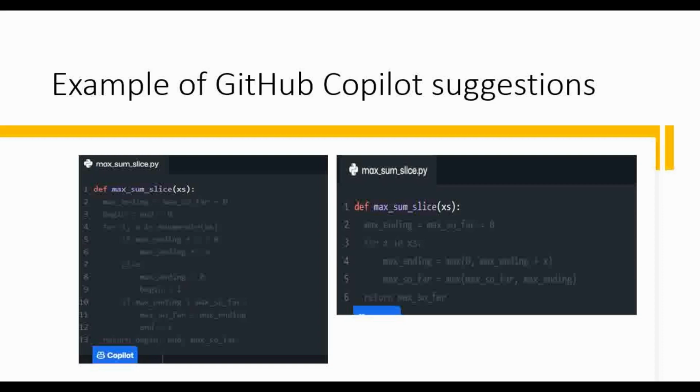Then you can see GitHub Copilot has provided a suggestion in the first screenshot. If the developer is not satisfied with that, he can skip to the next suggestion. Then GitHub Copilot provides another suggestion based on the keyword that he has provided.